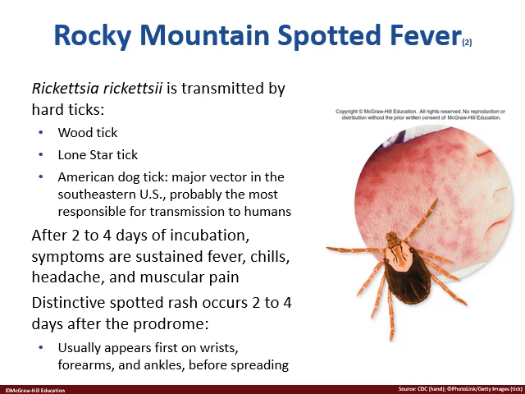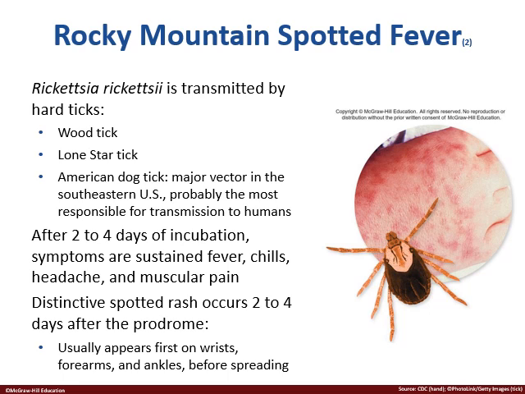Muscle pain is because of the overall body inflammation, the inflammatory response. Then you're going to start to develop this rash. Starts at the wrist, spreads up the forearms, starts at the ankles, spreads up the legs.